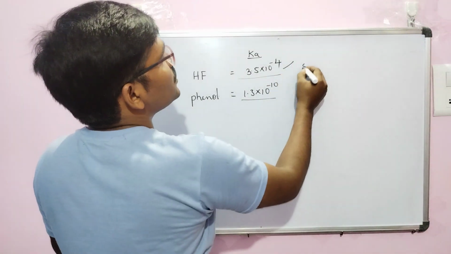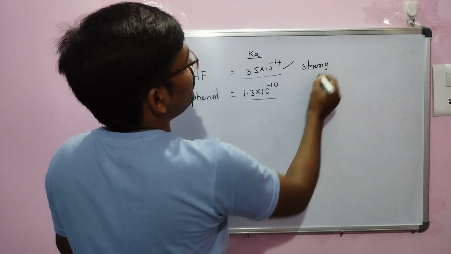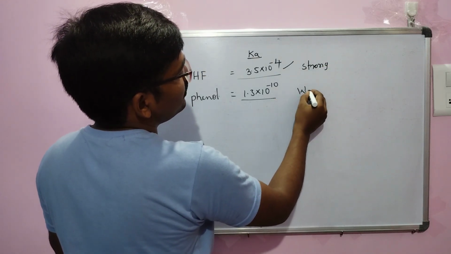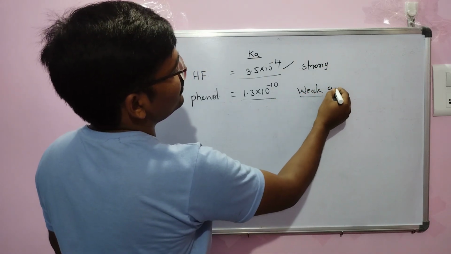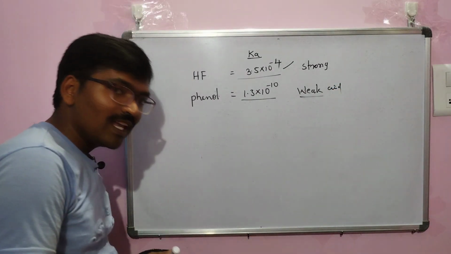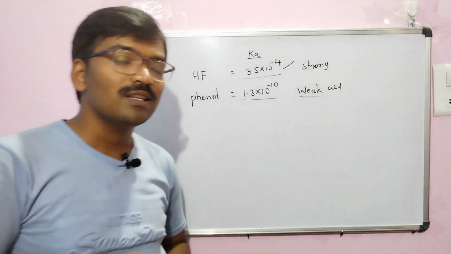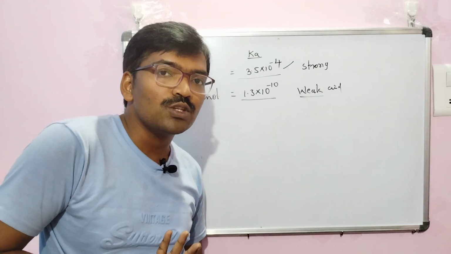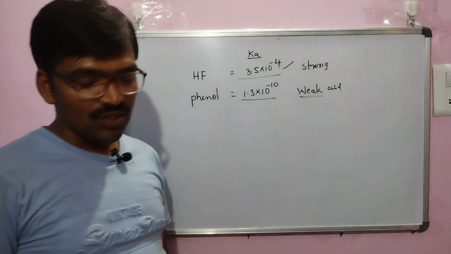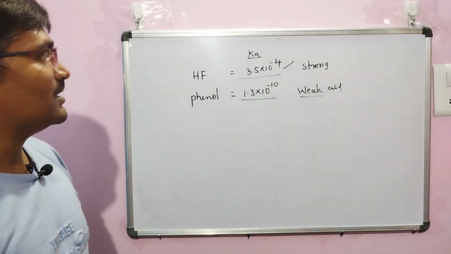So HF is a strong acid compared to phenol, which is a weak acid. So based on the Ka values, and also the pKa values, we can say which is a strong acid and which is a weak acid.